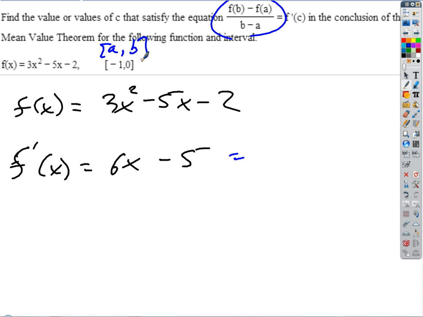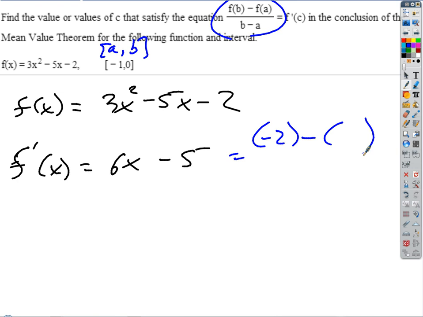So now b is 0, but what's f of b? If I evaluate my function at 0, what do I get back? -2, right? So f of b is -2 minus, what's f of a? What's f of -1? I plug -1 in. Is it 0?